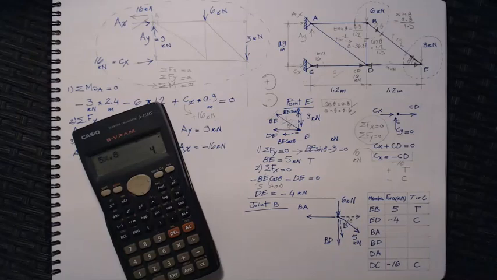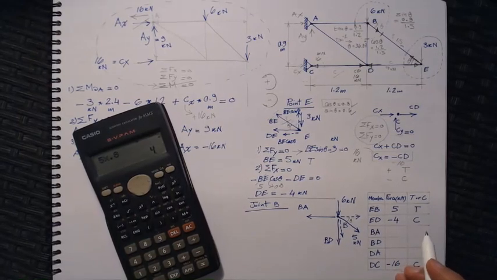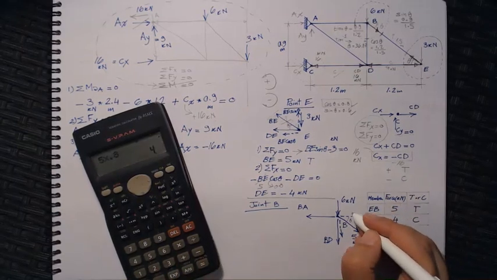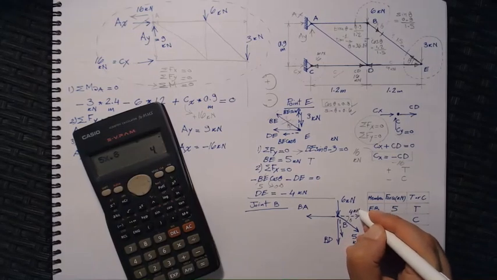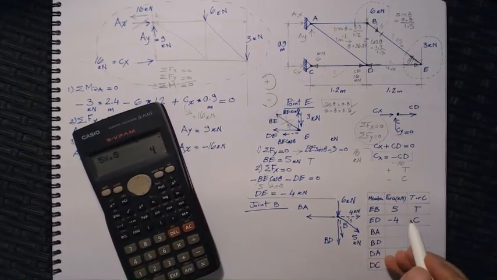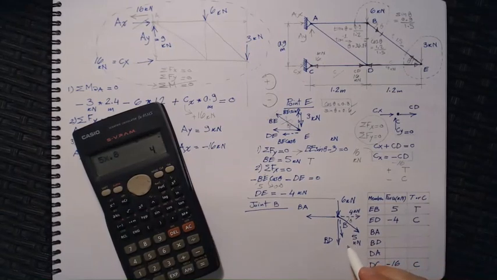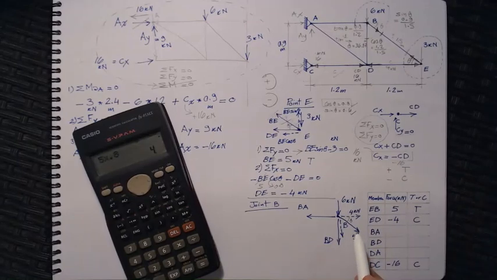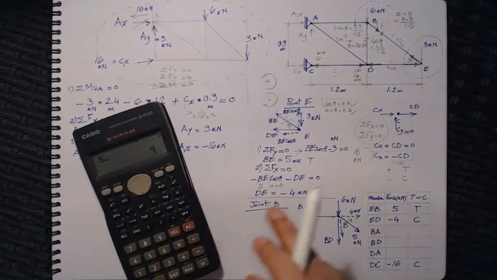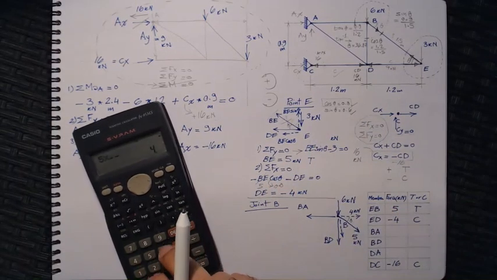So the x component is 4 kilonewton, and the y component is the force times sine theta. So the force is 5, sine theta is 0.6.